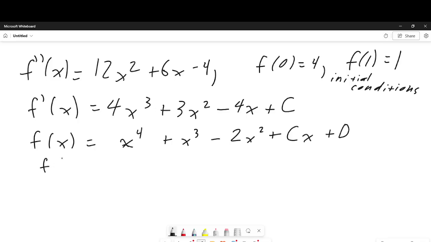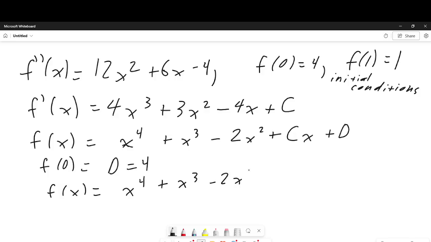So f of 0 would be, well, all the x would be 0, so that's just d equals 4. Okay, so d is 4. So f of x is x fourth plus x third minus 2x squared plus cx plus 4. I think we had to do the 0 first.